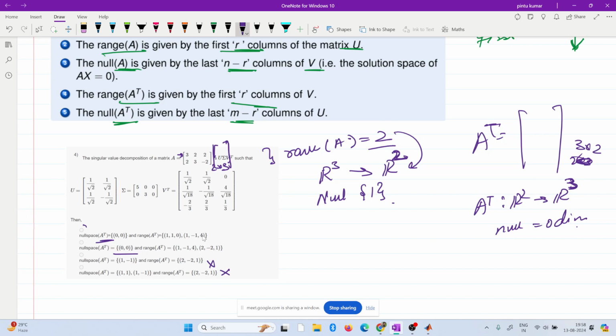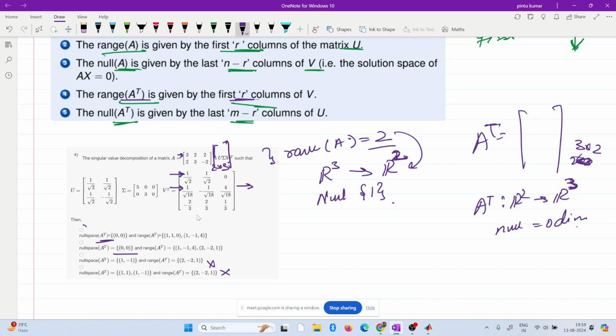Now, the range of A transpose is the first R columns of V. This is V transpose, so we want to look at the first R rows of V transpose, because the first R columns of V are the same as the first R rows of V transpose. These are the 2 rows that we are interested in.